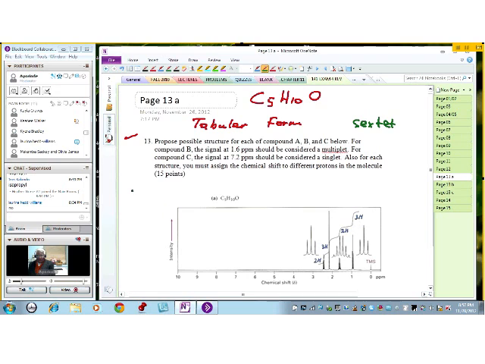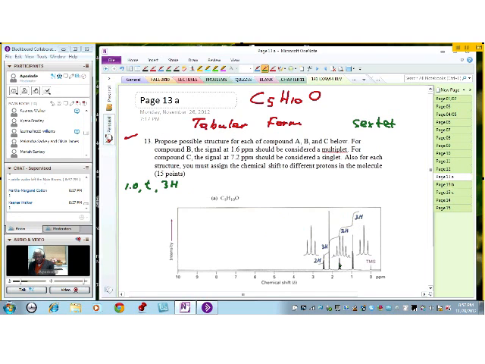What is the first peak? Can you give me the chemical shift of the first peak? Somebody? 1.0, very good. And that is a triplet. That's what they gave us. And they told us that is 3 hydrogen. That is this 3 hydrogen here.